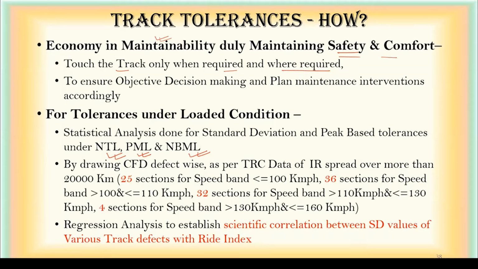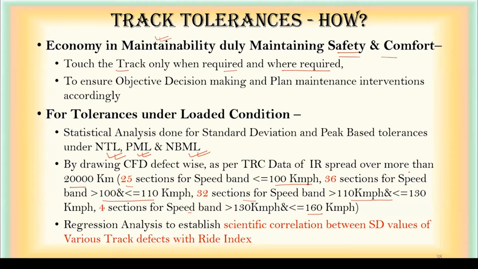The full statistical analysis was done, and then this has been evaluated. Out of this 20,000 kilometer, we have evaluated 25 sections of speed band less than 100 kmph, 36 sections within the speed of 100 and 110, 32 sections within 110 and 130, and 4 sections of 130 to 160.